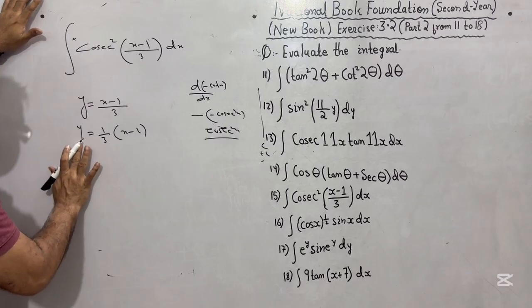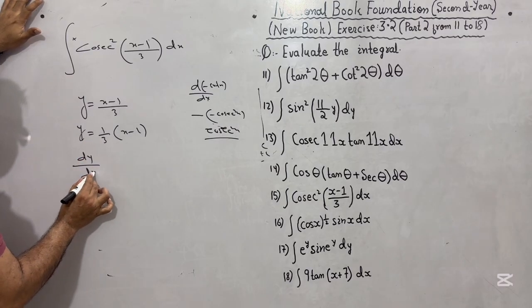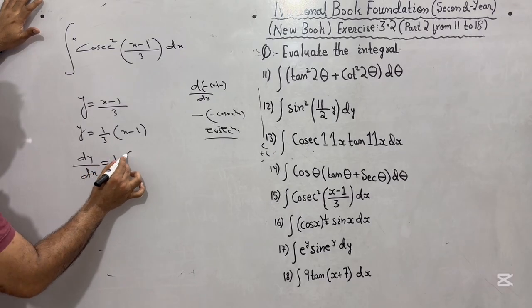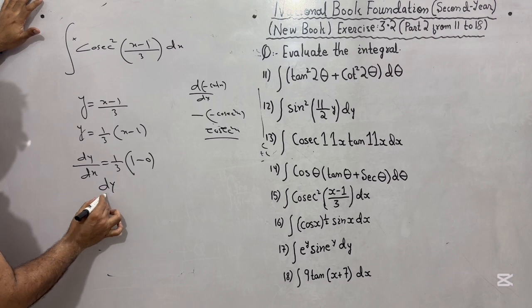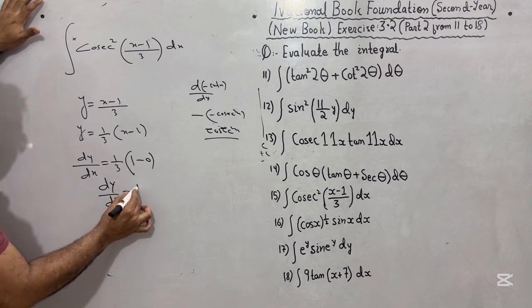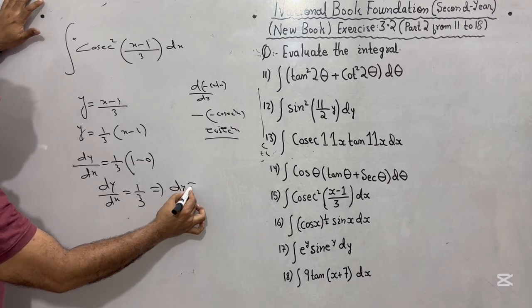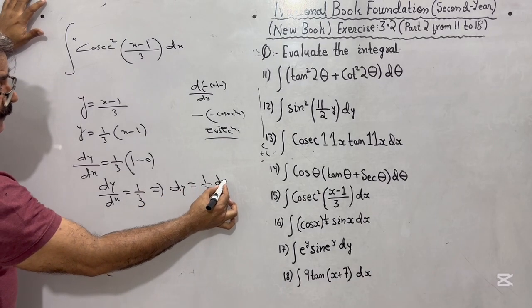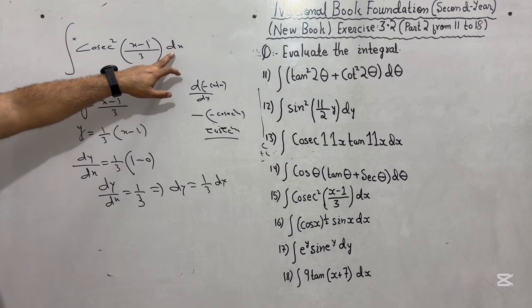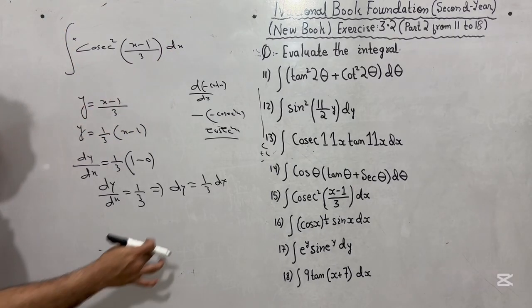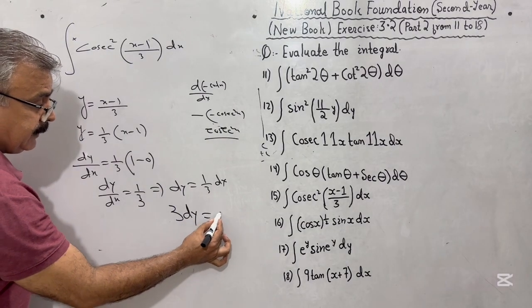Differentiate with respect to x: dy over dx is equal to 1 over 3, since differentiation of x is 1 and of 1 is 0. So dy is 1 over 3 times dx. But here we need only dx. Shift 3 here. It will become 3 dy is equal to dx.